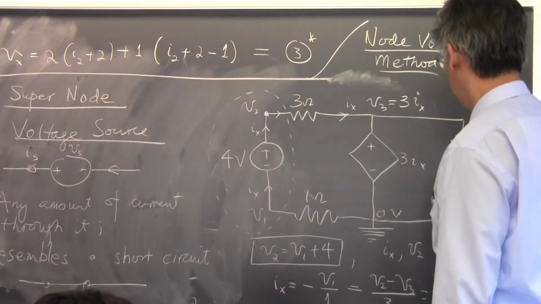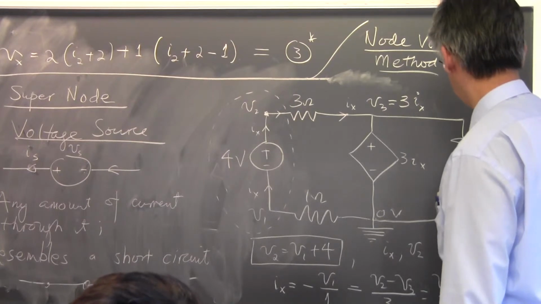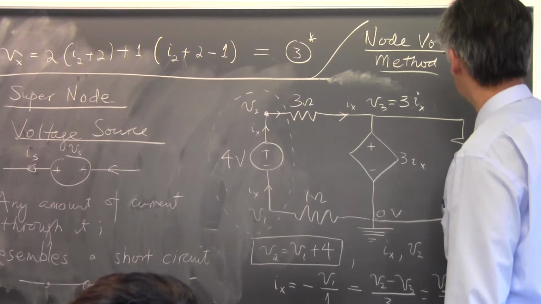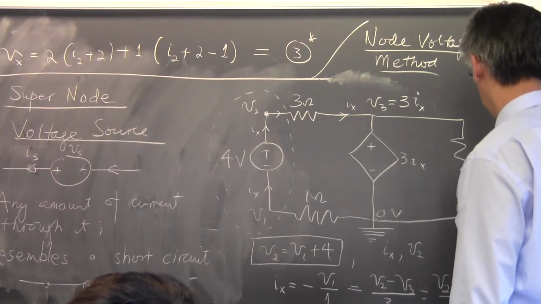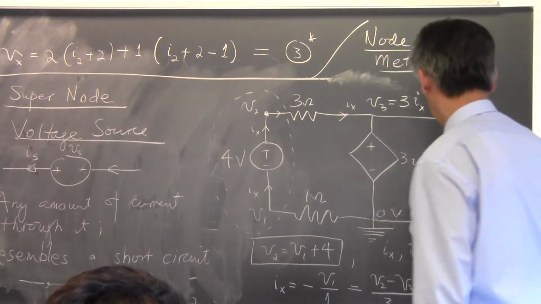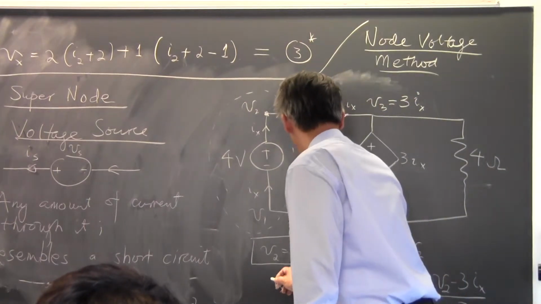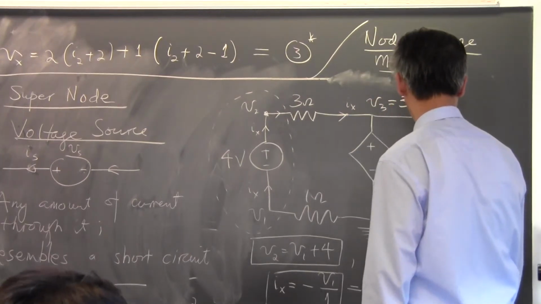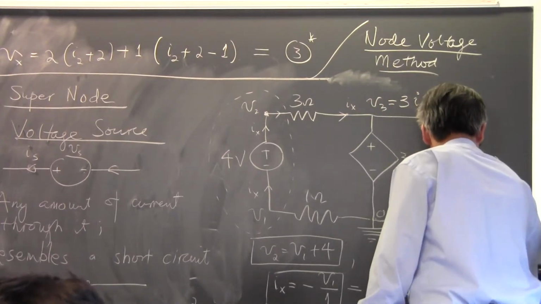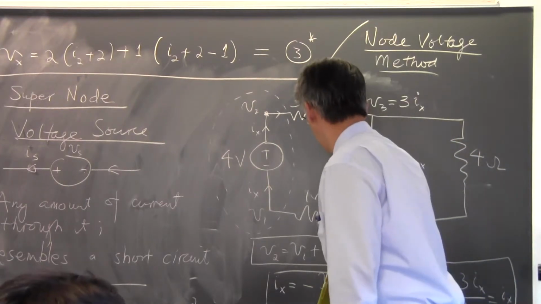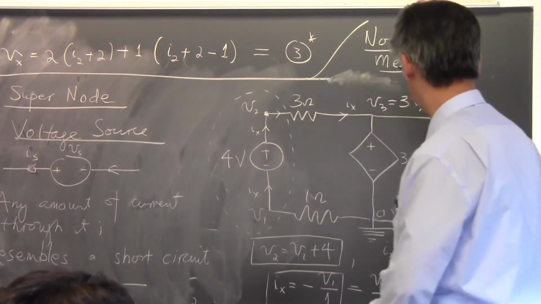So I have how many equations now? V1, V2, Ix. I would have one equation, two equations if I make this equal to Ix, and then three equations.